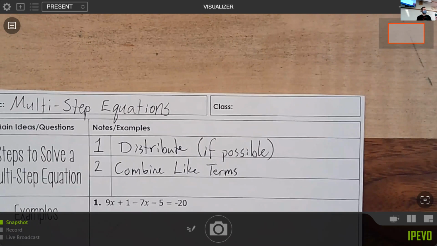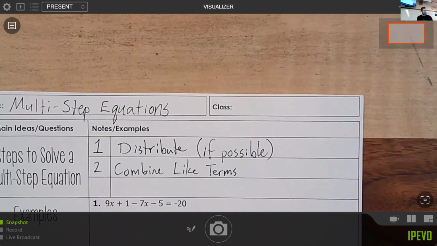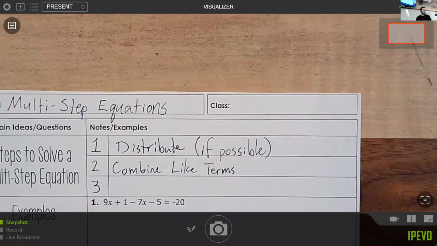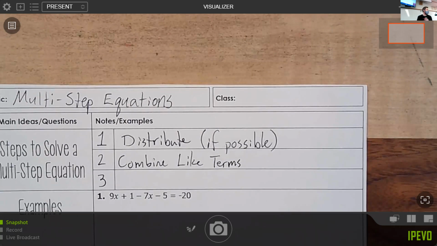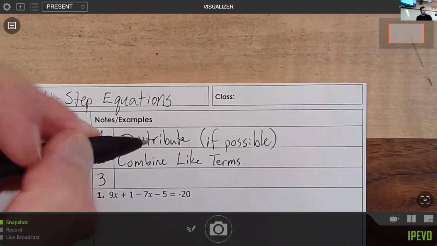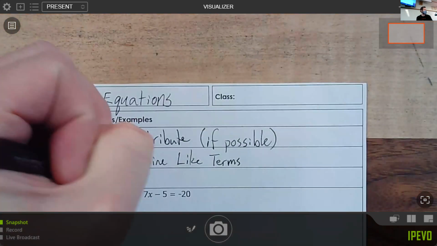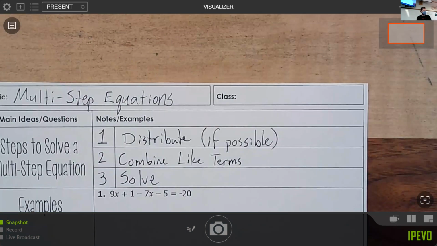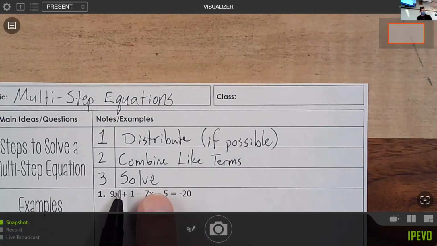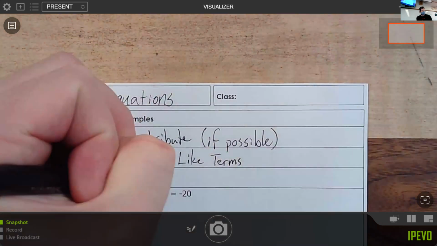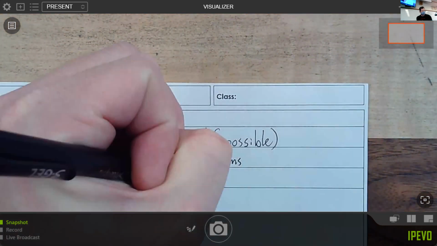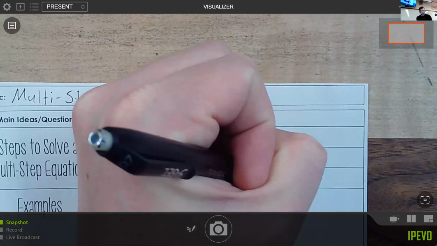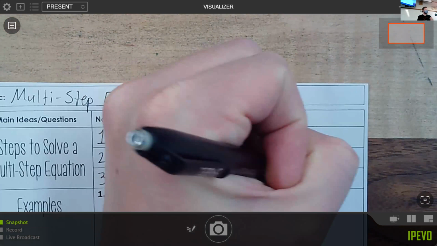And then once you get to step 3, this step is a little bit open-ended, is a good way to say it. We're just going to say solve. And most of the time, solve is usually about 2 steps.